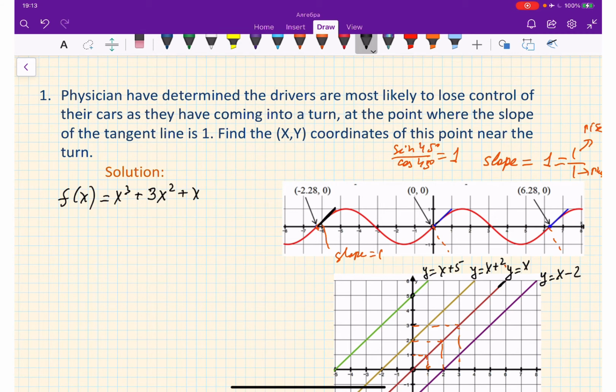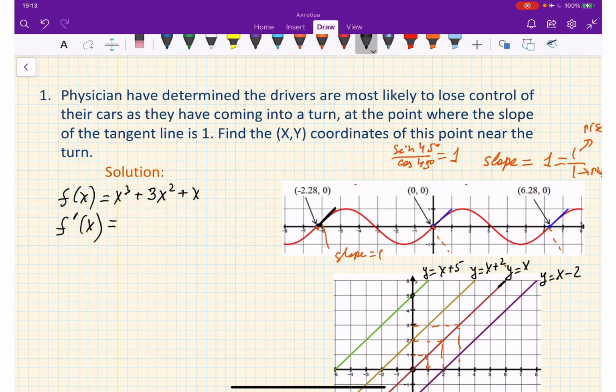Now, we are going to take the derivative and not the rate of change. Why? Because we want the instant speed at this point, right? Not the average, but instant. Average, we would use rate of change. Instant speed, we need to use our derivative.